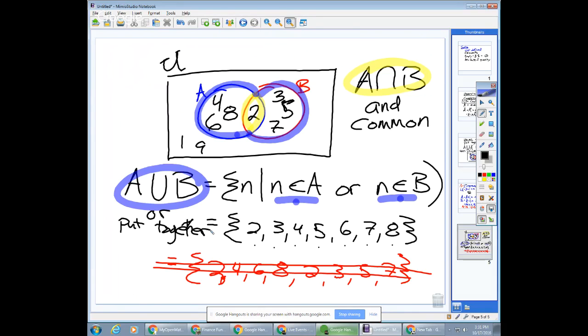All right, so now we're going to get a little bit more exciting. So they have to meet both descriptions. Yeah, 2 is both even and it's odd.